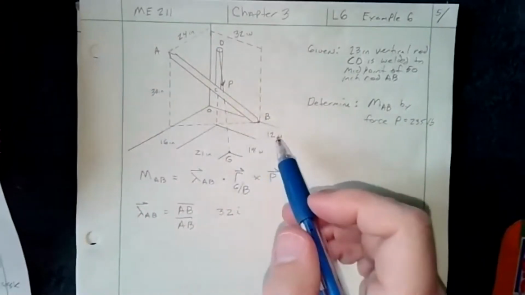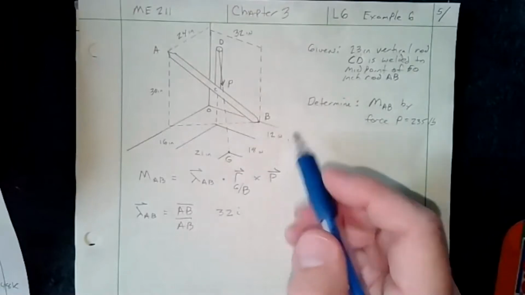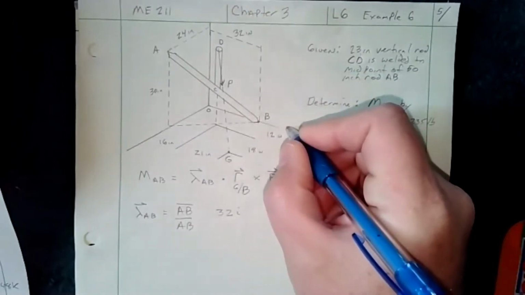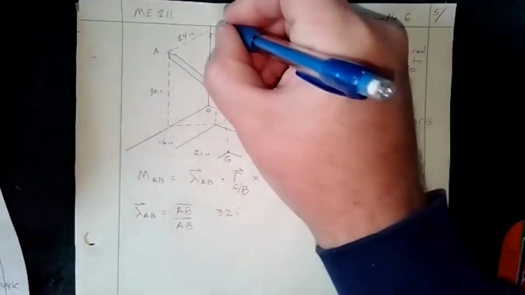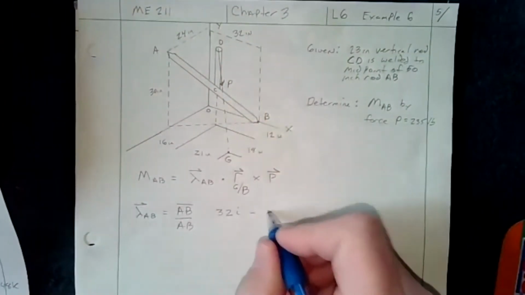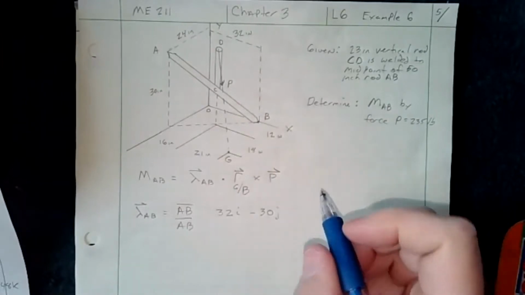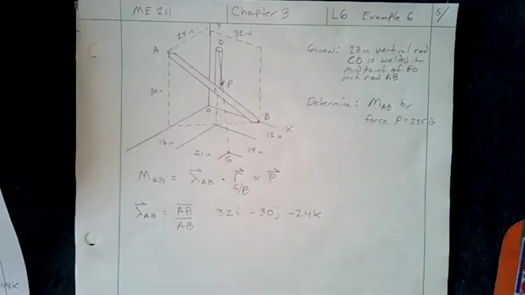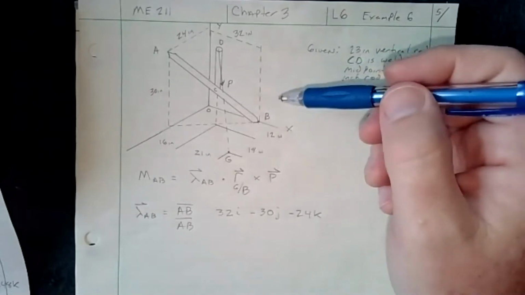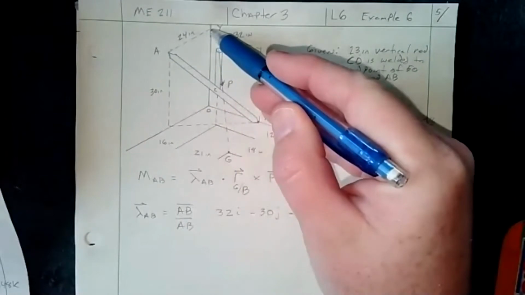Going from A to B, I know it's 32 in the X direction, so here's my X, and then minus 30 in my Y, so my Y is up here, minus 30 J. And lastly, minus 24 K. The 24 is right here, so I'm going from A back to 0.